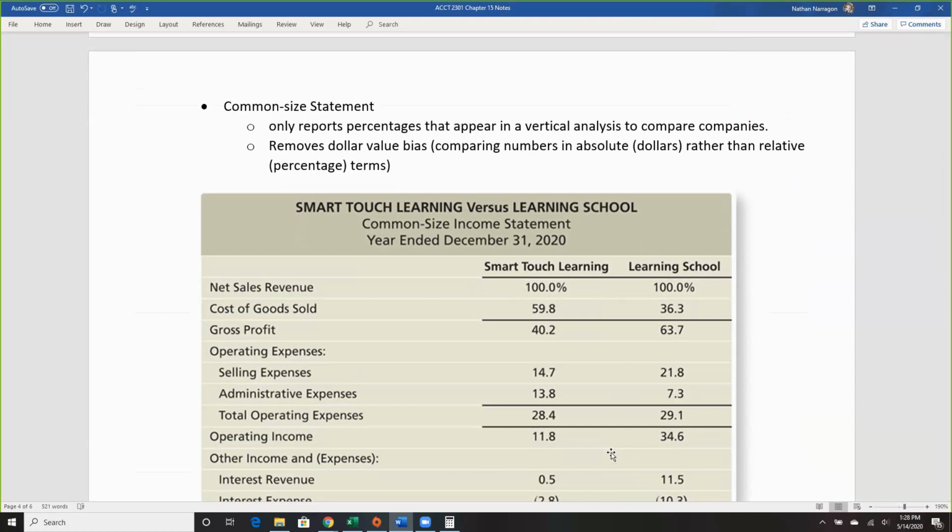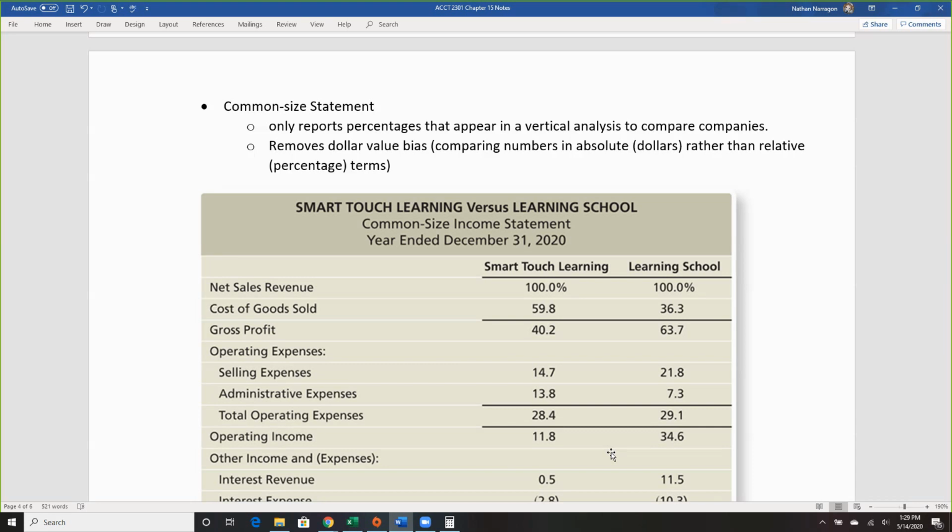And it's basically removing that bias, that dollar value bias, because when we compare numbers in absolutes, dollars, we tend to overthink. Again, all companies do their own items. They can make more money than us, but they may not be doing it as efficiently as us on expenses or any other items.